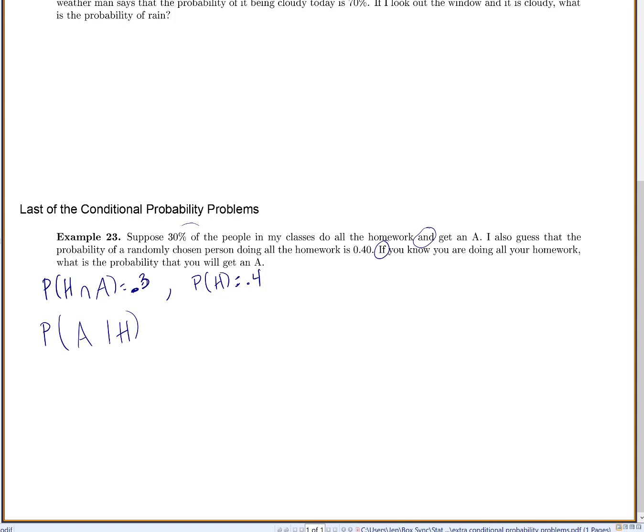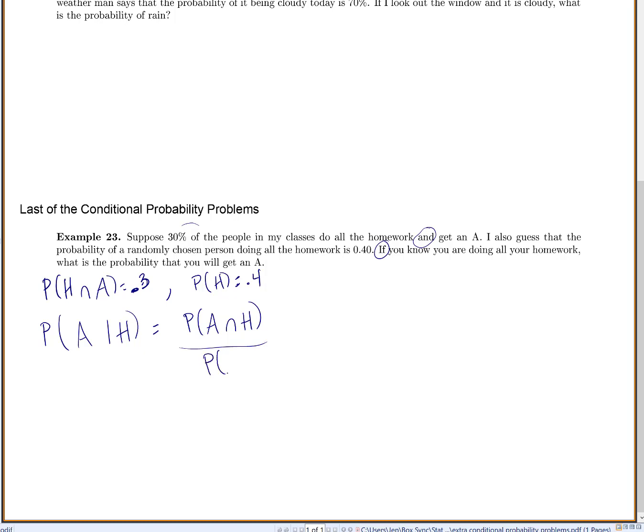As you read this, anytime you see that vertical line, the vertical line means if. So what's the probability you get an A if you know you did your homework? We need to break out our conditional probability formula. You find the probability of the intersection, so probability of A and H. It doesn't matter if you write H and A or A and H, the order doesn't matter for an and.